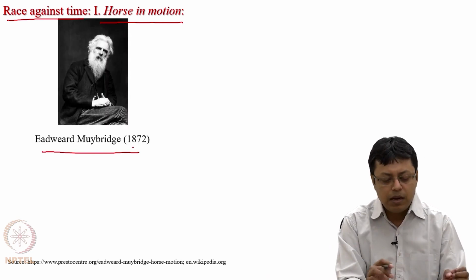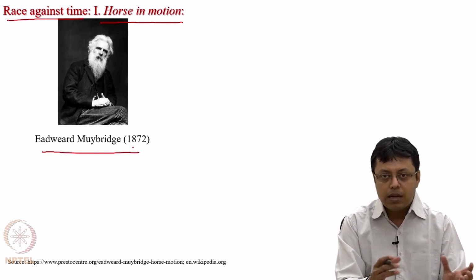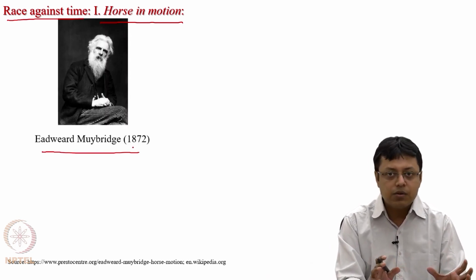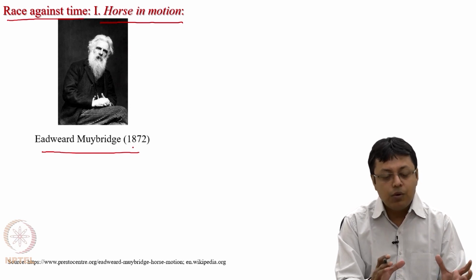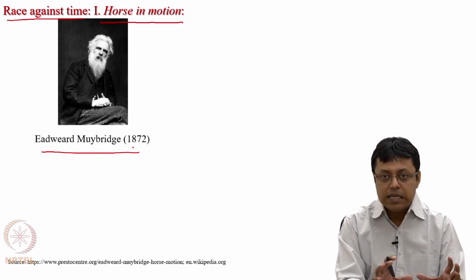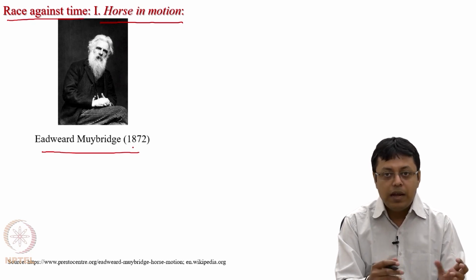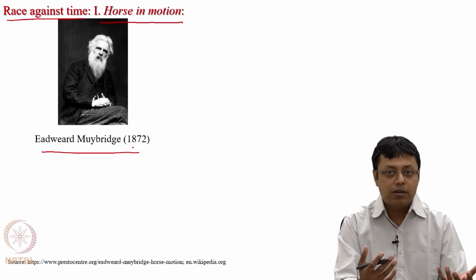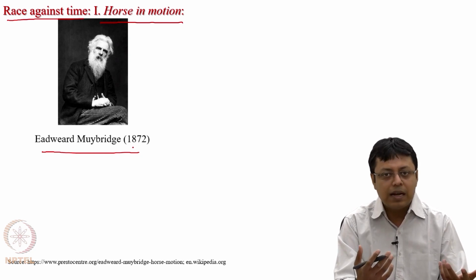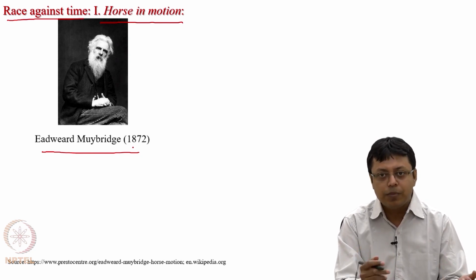He was a journalist, Edward Muybridge, and he was asked by the mayor in San Francisco to do an experiment which proves whether, when a horse runs, you get a moment at which all four legs of the horse are in the air, or whether the horse always touches the ground with at least one of its feet.